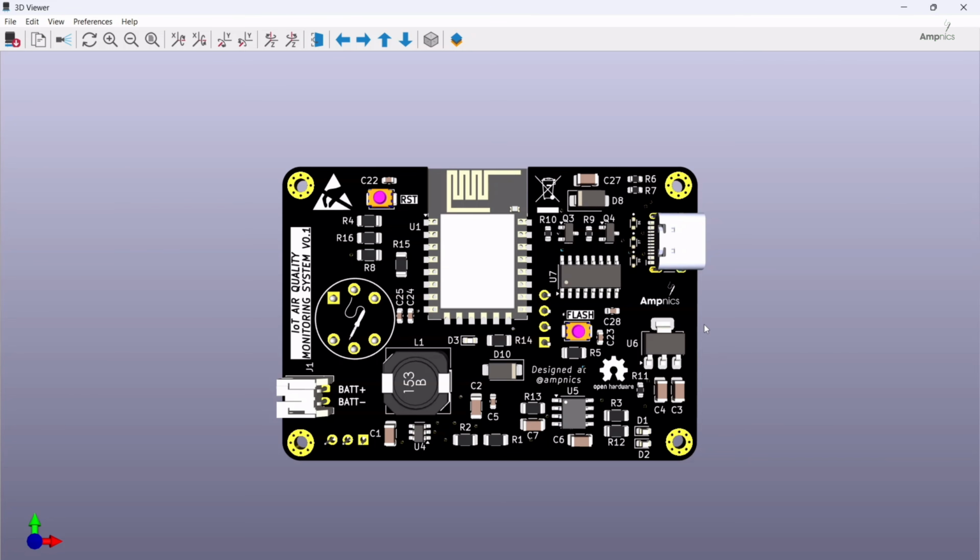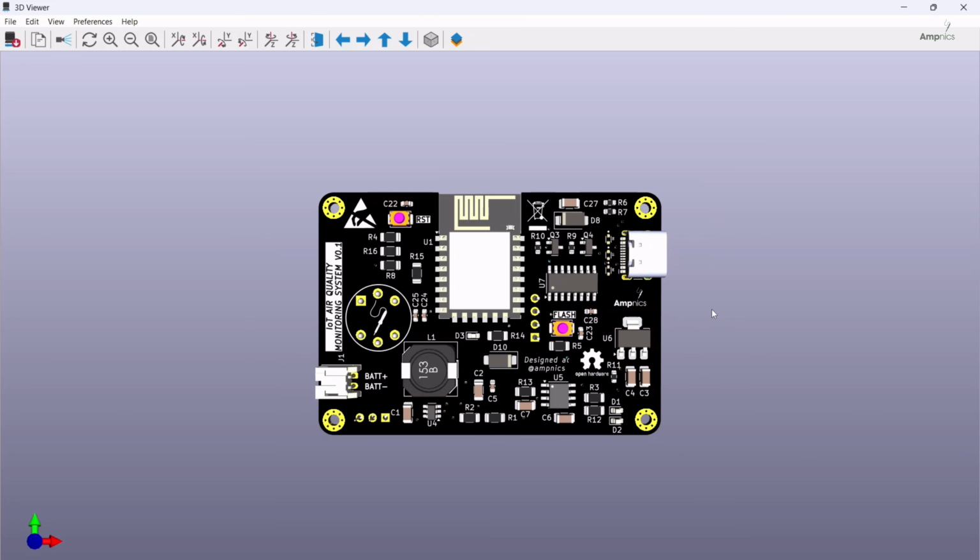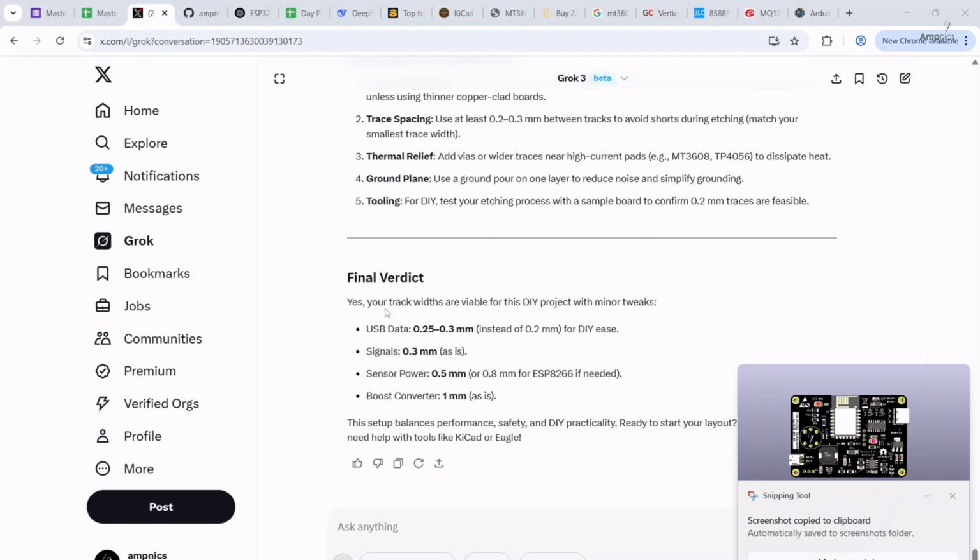After completion of schematic and layout design, let's upload the screenshot of this PCB in Grok AI, and we will ask about the aesthetics, and we will tell Grok to rate this PCB on a scale of 10, and you guys can also rate this PCB on a scale of 10 in the comment section. We will upload it.